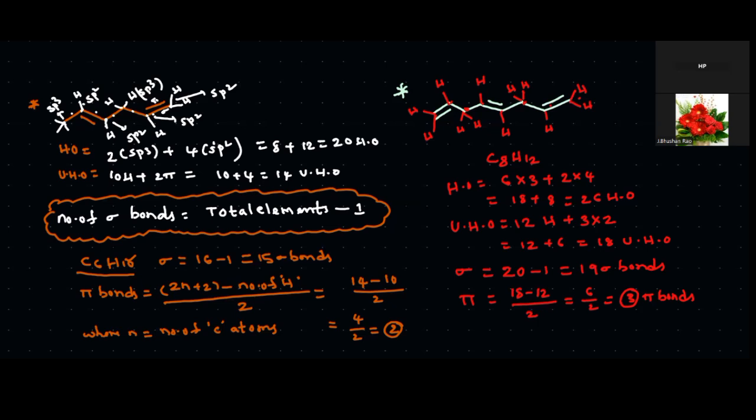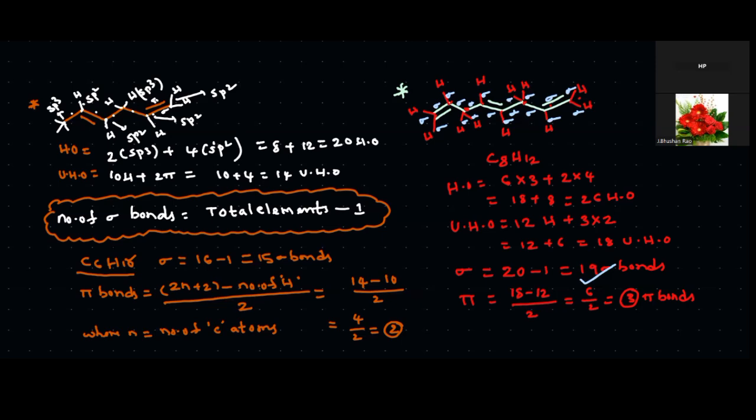First, hydrogen and carbon bonds: 1 sigma, 2, here 3, 4, 5, 6, 7, 8, 9, here 10, 11, 12, 13, 14, 15, 16, 17, 18, 19. So the number of sigma bonds is 19. So this formula is applicable here. Pi bonds, already it is satisfied.